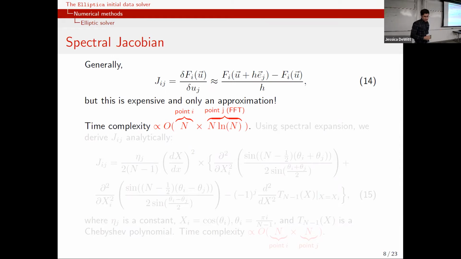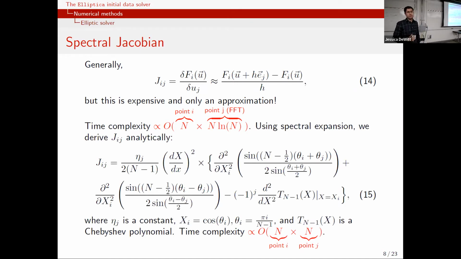And if you calculate this, the time complexity of this computation is at least n times n times n ln n, because for each change for j, you should do at least one fast Fourier transformation, and you should do it at all the grid points. Also, you should notice that this is an approximate calculation. It's not accurate, and the better you can approximate the derivative in the Newton-Raphson method, the faster you can get to the root of the equation.